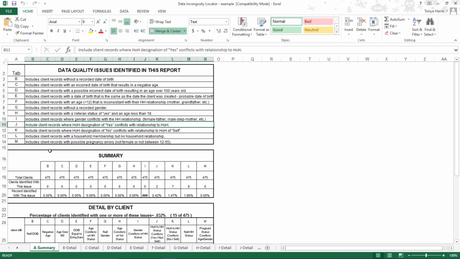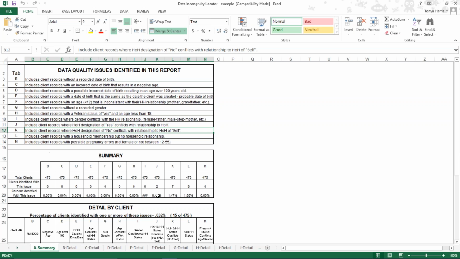Okay? Then we have column K, which is the head of household designation no conflicts with the self. Okay? And then we have L, which is includes clients' records with a household membership but no household relationship.